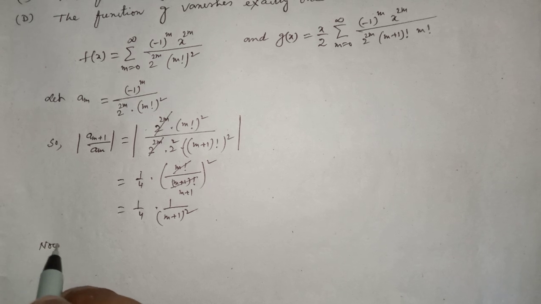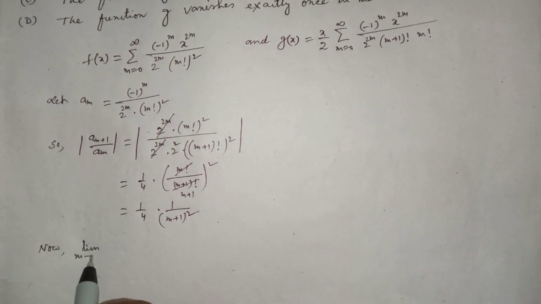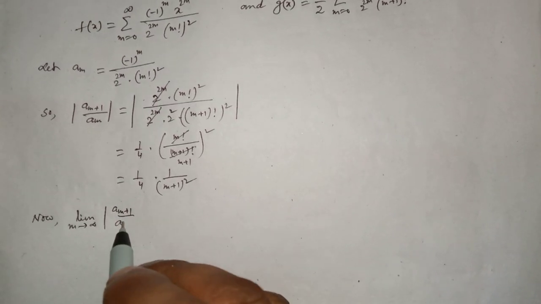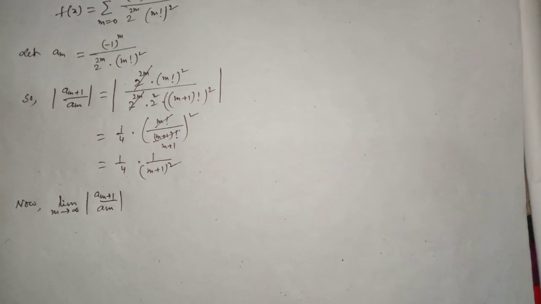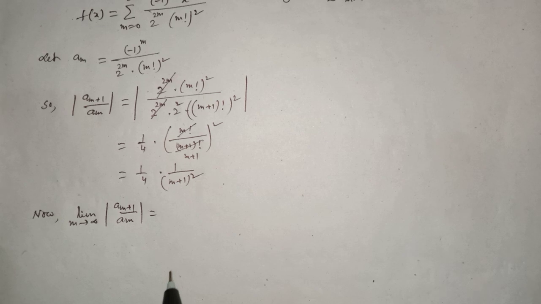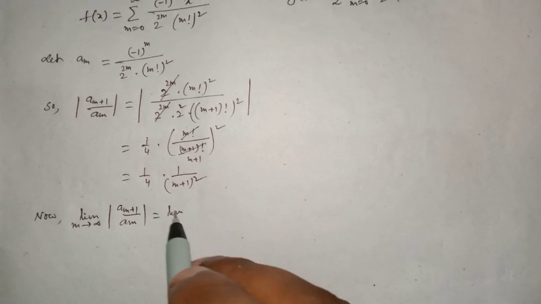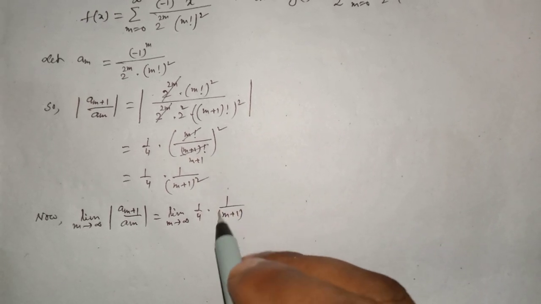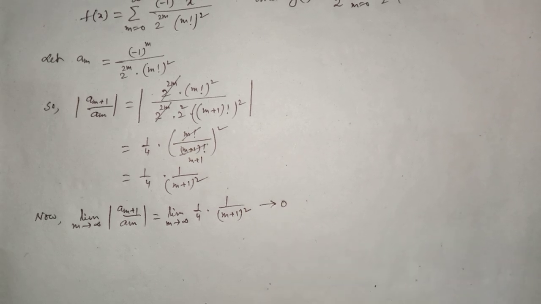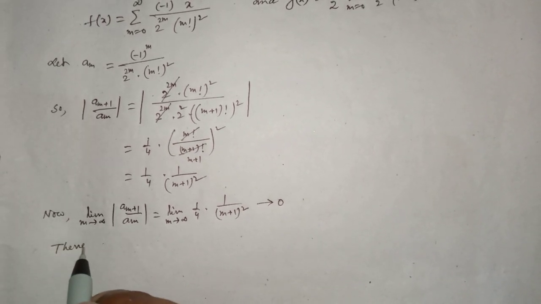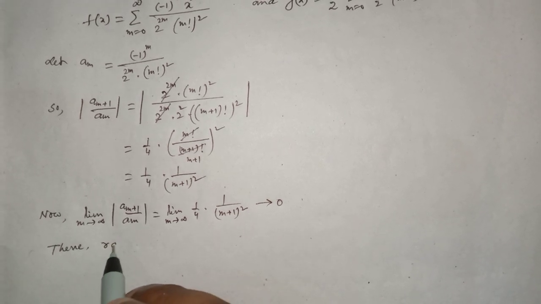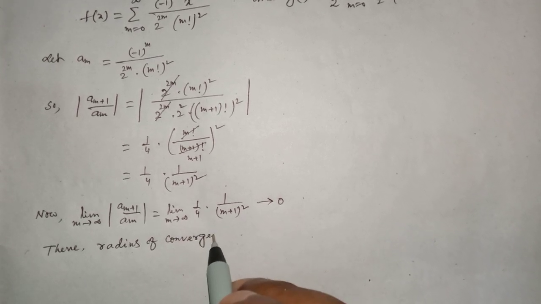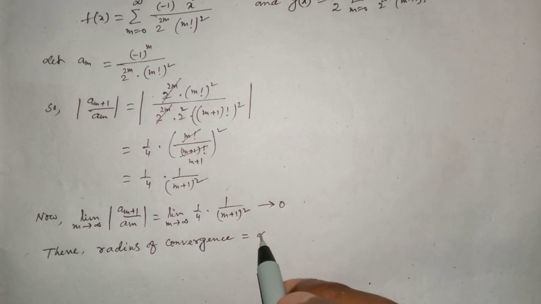Now limit m tends to infinity of a_(m+1)/a_m is equal to limit of 1/4 times 1/(m+1)^2, which tends to 0. Therefore, the radius of convergence is equal to infinity.